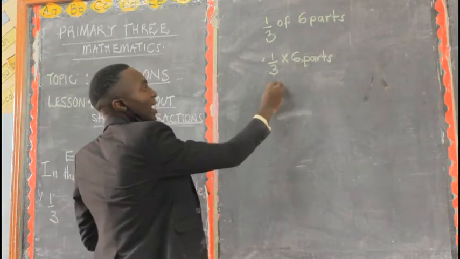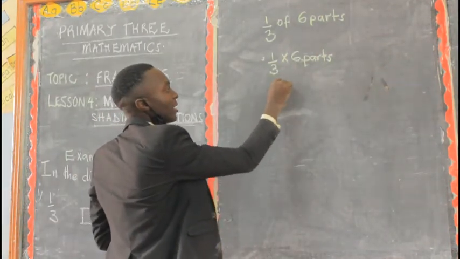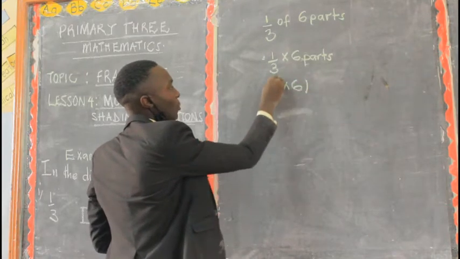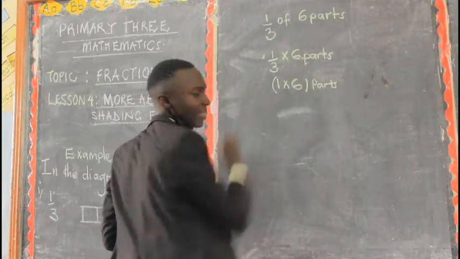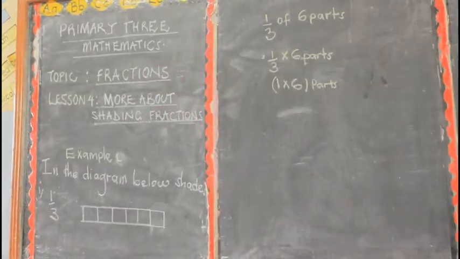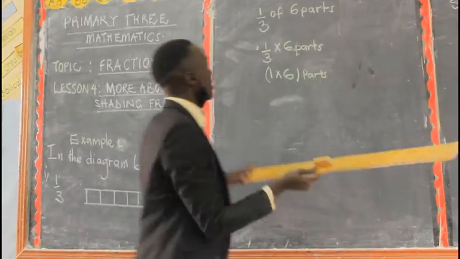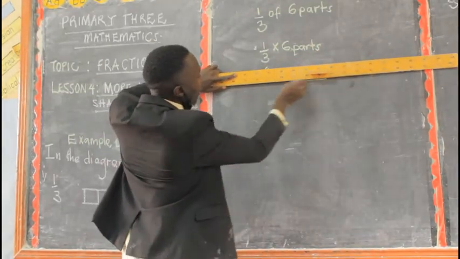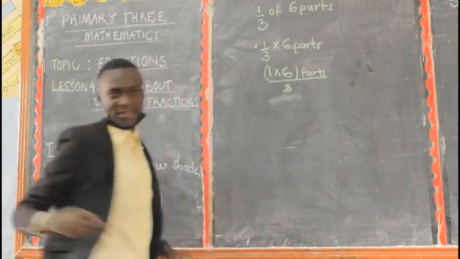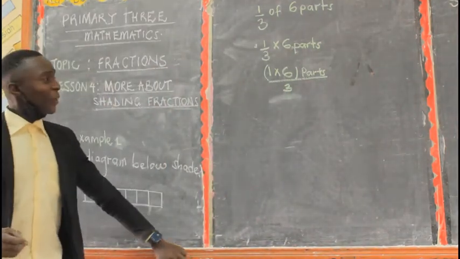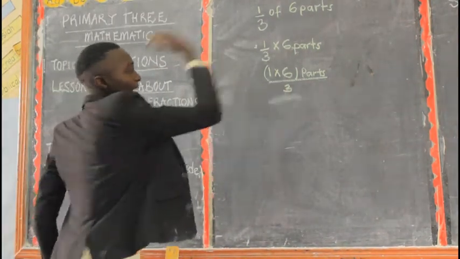So we say it is 1 times 6. You remember these are parts. 1 times 6 out of 3, the 3 remains down. We multiply 1 times 6.